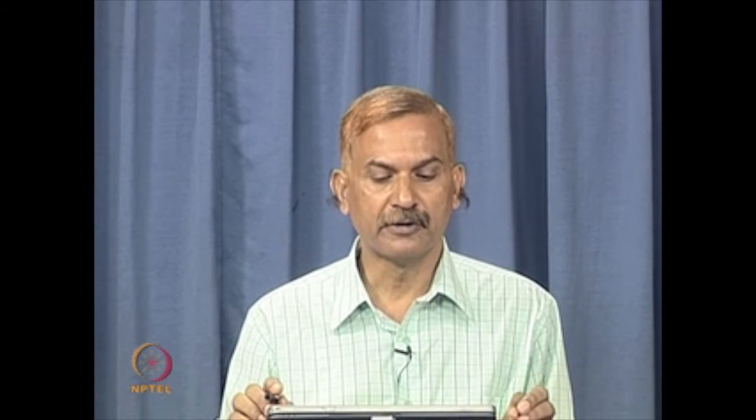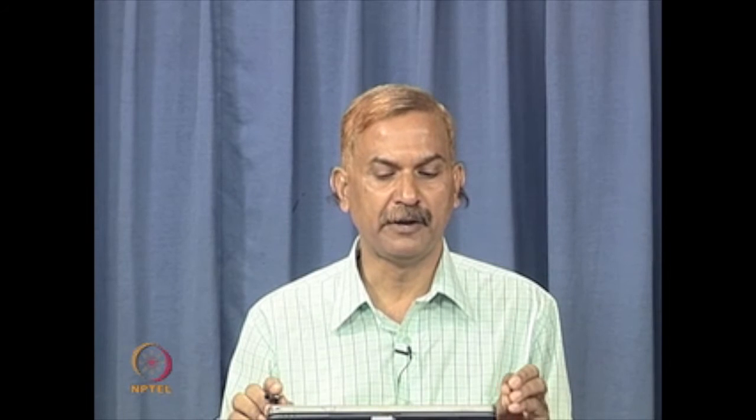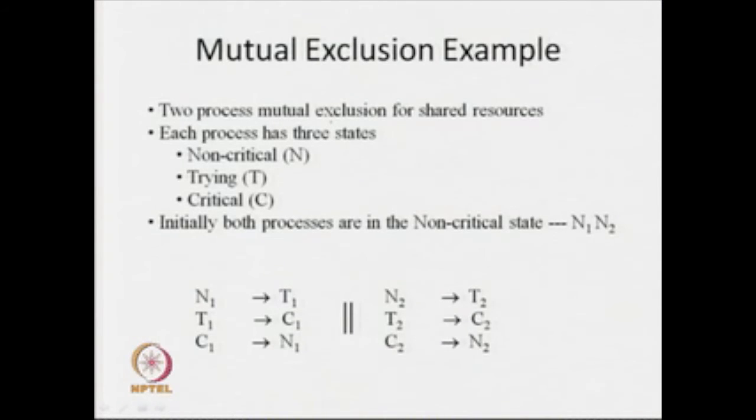For that particular case, each process can be divided into three different steps: non-critical N, trying T, and critical C. Non-critical basically says that the process is in its non-critical region. That means it is not using any shared resources, so all processes can work in the non-critical region simultaneously.